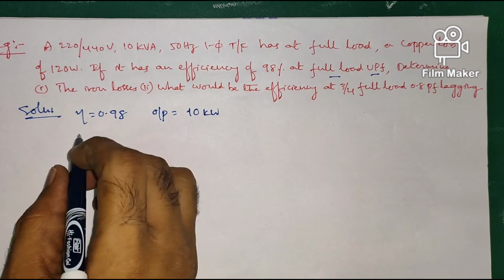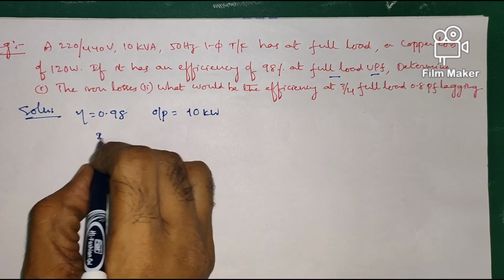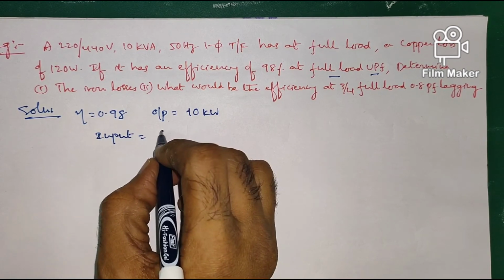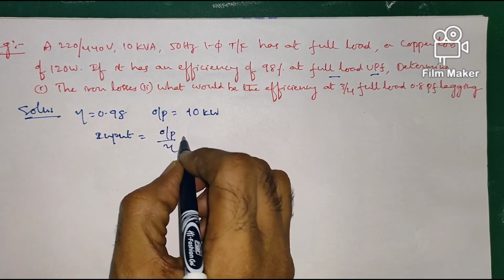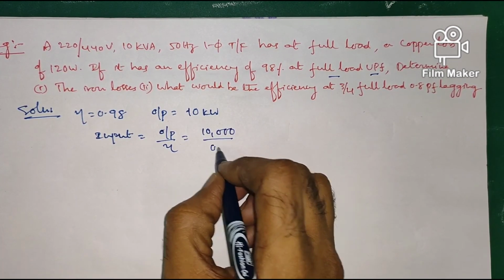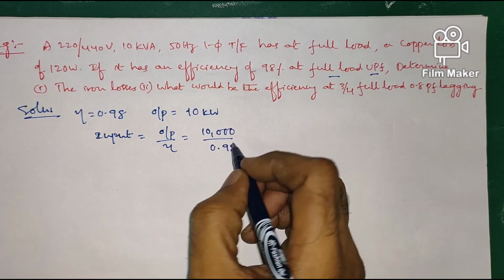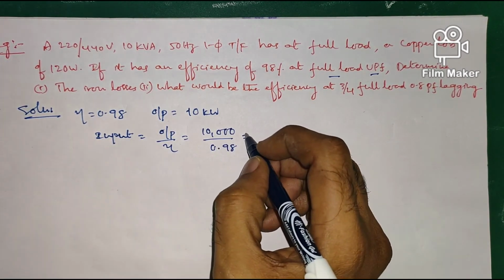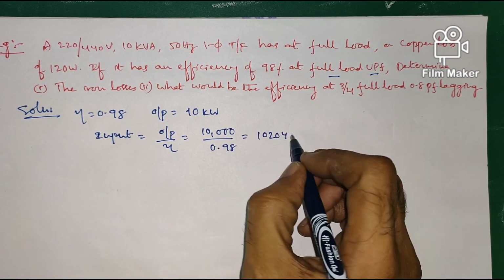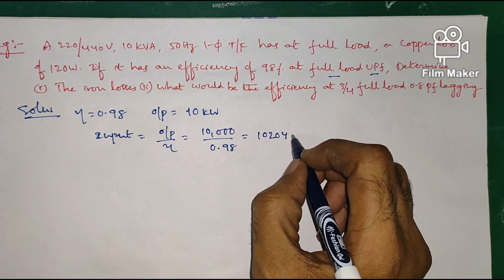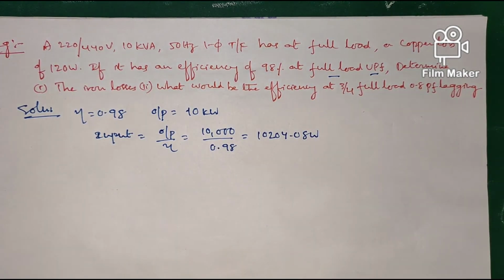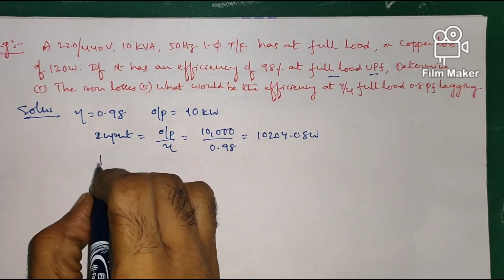From this data we can find out the value of input. Input is equal to output divided by efficiency, that is equal to 10 kilowatts means 10,000 divided by 0.98, which is equal to 10,204.08 watts.